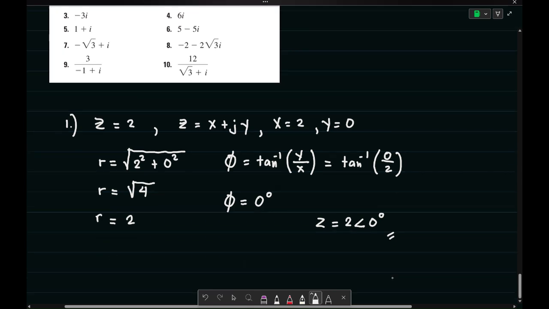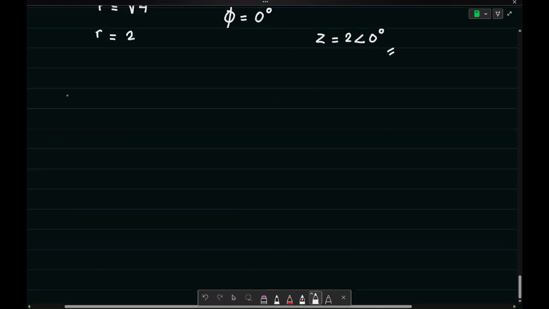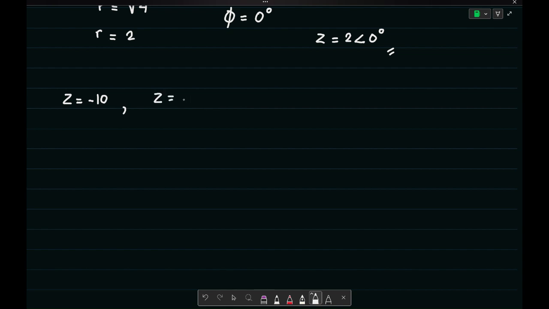Okay, for number 2, we have z is equal to negative 10. That is in the form of z is equal to negative x plus jy.